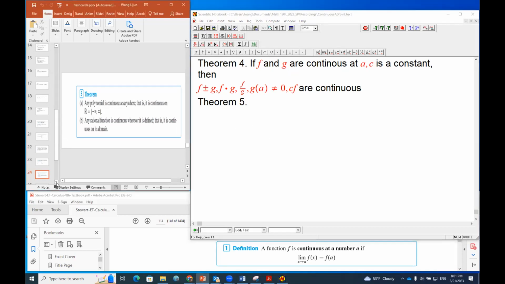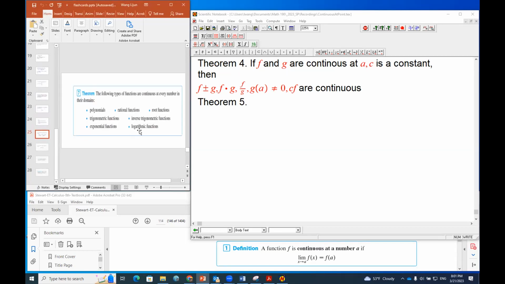And the next one, okay, 5 and 7, they're the same things. 5 includes 7, right? And theorem number 7, right?